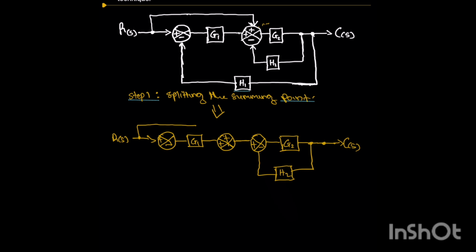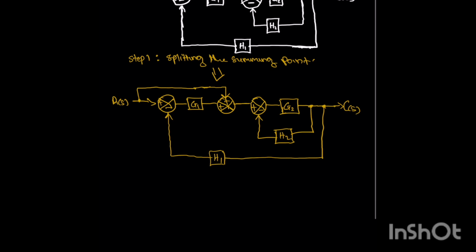So this is it. I'm redrawing back the system. And over here we have H1 connected to this. So now we have splitted the what? We have splitted the summing points.